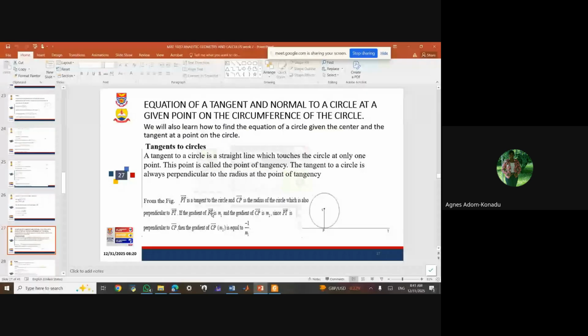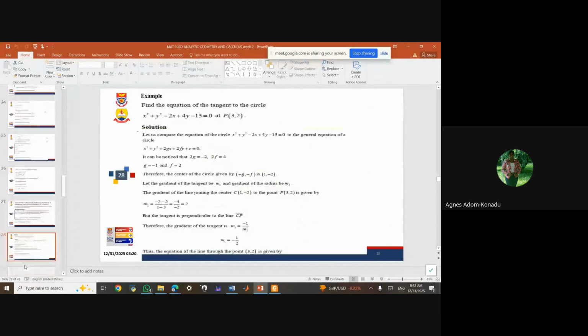If the gradient of PT is m1 and the gradient of CP is m2, then since PT is perpendicular to CP, the gradient m2 is equal to -1/m1.